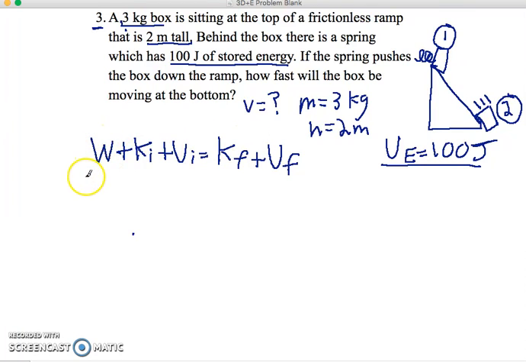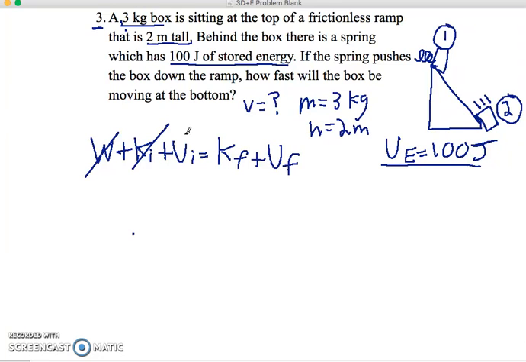We can get rid of work because there's not going to be any energy transfer in these problems just yet. There's nothing in the problem to indicate that more energy is being transferred in or out of the system, so we're going to say that's 0 for now. There's no initial kinetic energy because the box isn't moving at the top. There's a spring behind it, but it did not say it was moving.